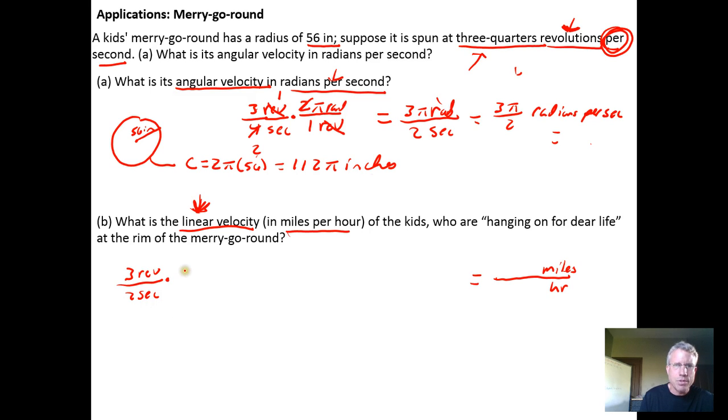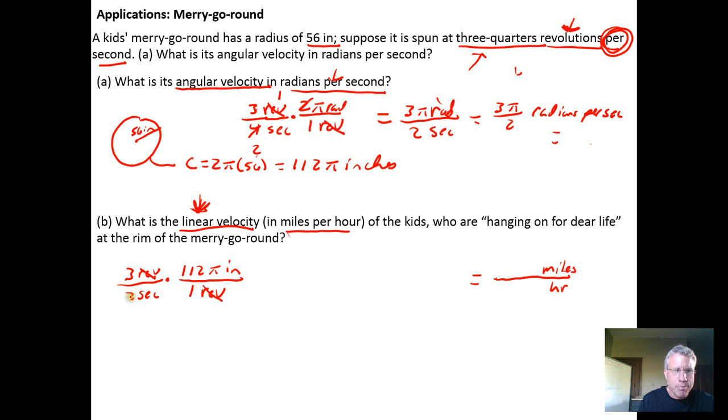So I'm going to use that relationship. Every time we go around the merry-go-round one time, we have gone 112 pi inches. That's going to happen every 1 revolution. We go around one time, 1 circumference per 1 revolution. So the revolutions will cancel. Revolutions divided by revolutions is 1.